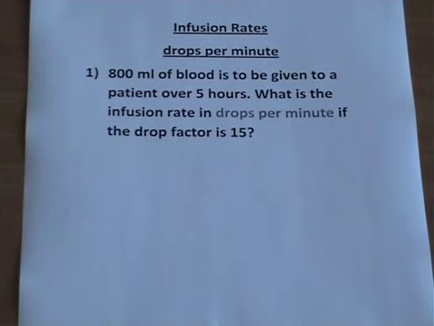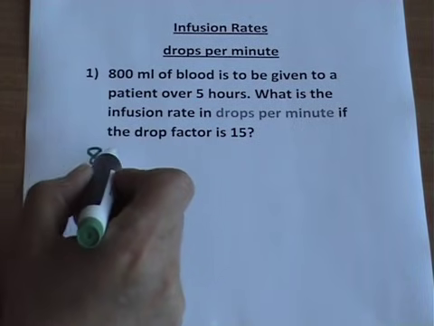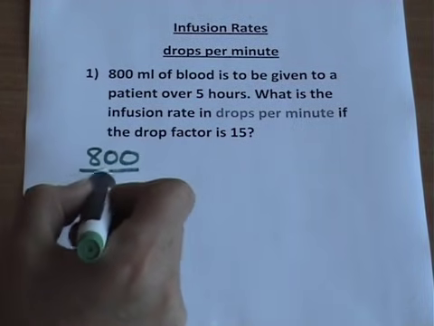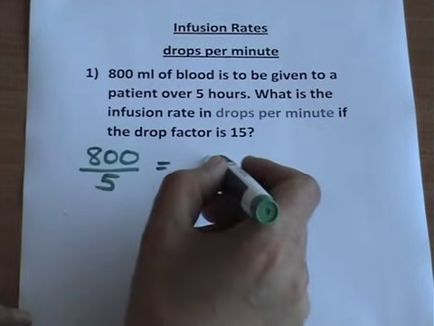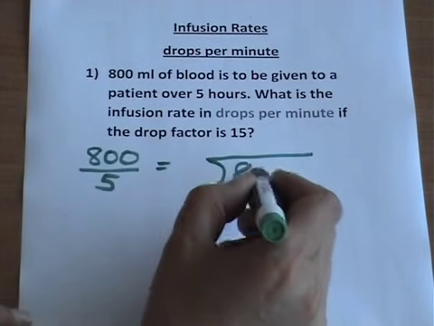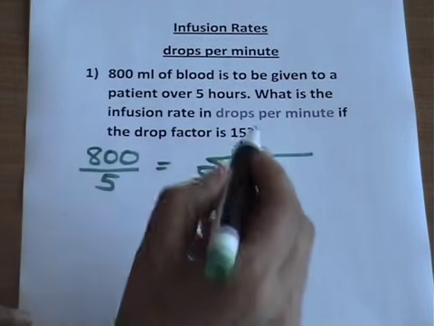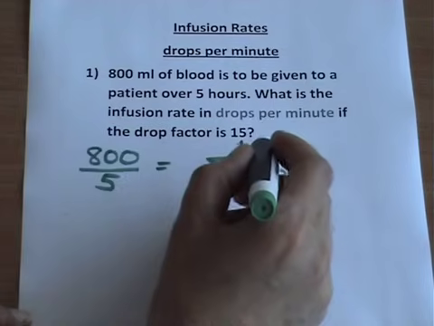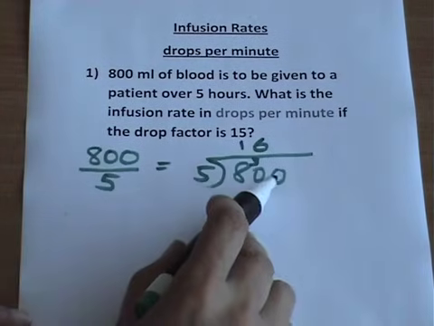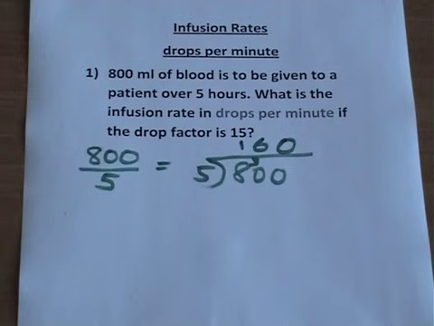So first of all, I'm going to work out the mils per hour, which is 800 divided by 5, and we can write this like this. 5s into 8 goes 1, remainder 3. 5s into 30 goes 6, and don't forget the 0 on the end. So the first part, the mils per hour, is 160.